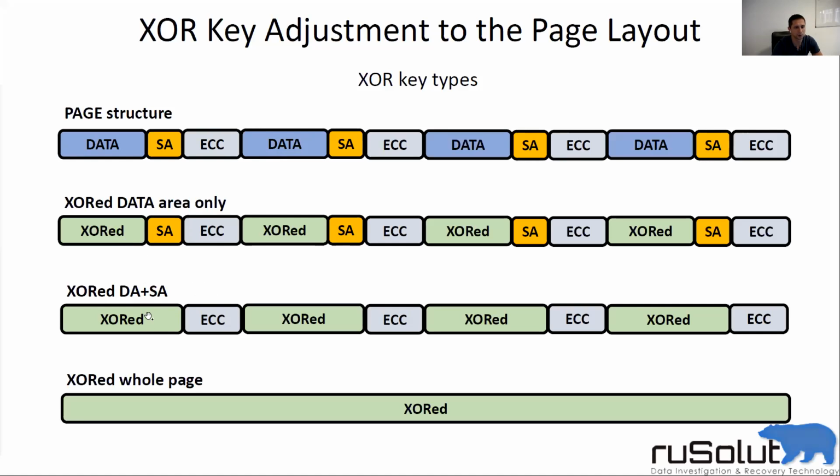If the controller applies XOR a little bit later, when there is a service area already, then the service area and data area will be XORed. And if XOR is applied at the very last stage, when the controller already has ECC and service area and data area and everything, then the full page will be XORed.